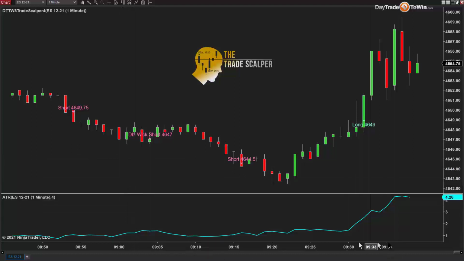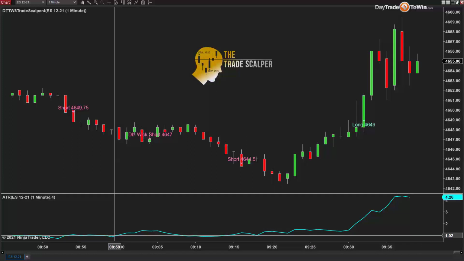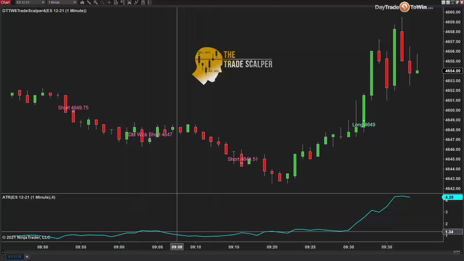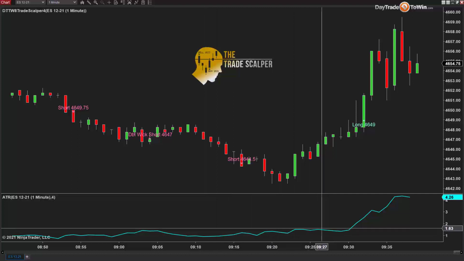And so down here in this little blue line, this is called the ATR. For those of you who don't know, the average true range, there's a lot of videos that I have where I mention this little indicator here. I consider it more of a tool. And whether or not the market is slow or fast, it helps me decipher what to expect.